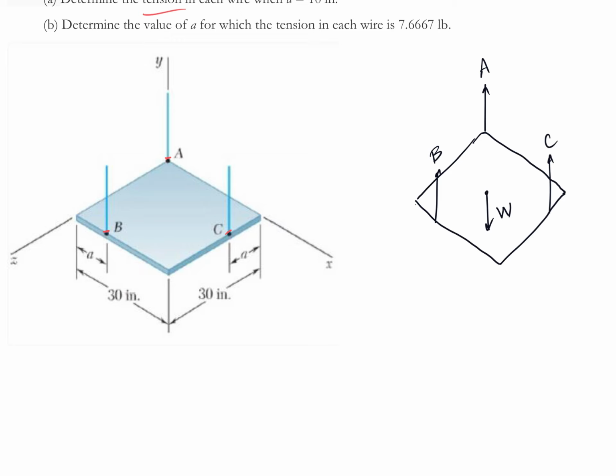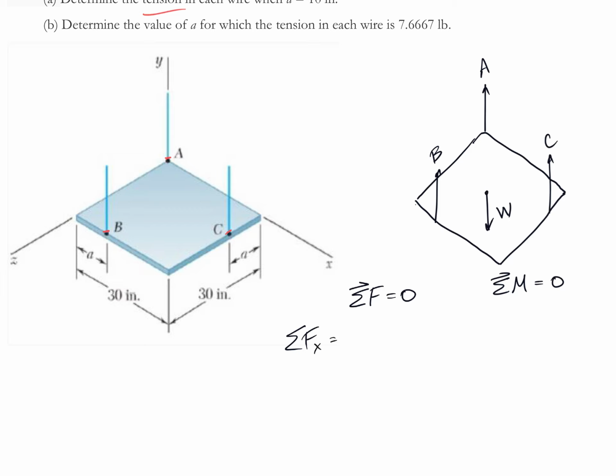Okay, so again, we're now in 3D, so we have equations. Sum of the forces equals 0, that's 3 equations. And then the sum of the moments equals 0, that's also 3 equations. So we've got a lot going on here. However, we can probably get rid of a few of these, and let's think about this.